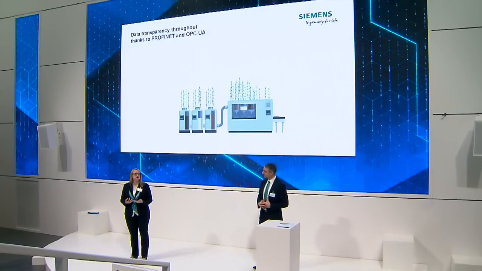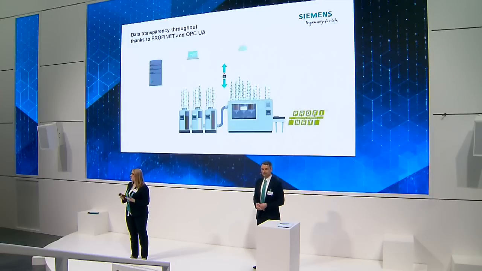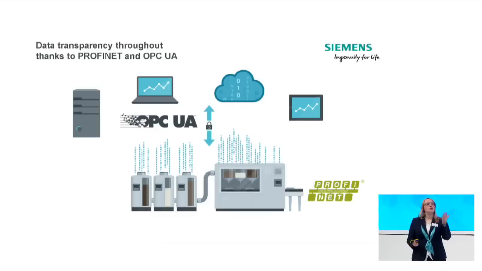Therefore, we offer you secured communication protocols. Profinet for communication on the machine level, and OPC UA for vertical communication. Like this, you benefit from seamless connectivity and have the fastest access to all the required production and engineering data.